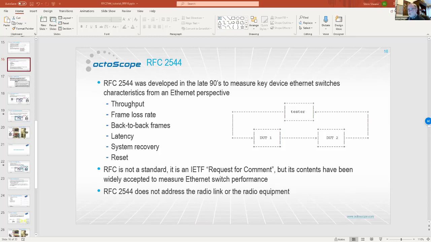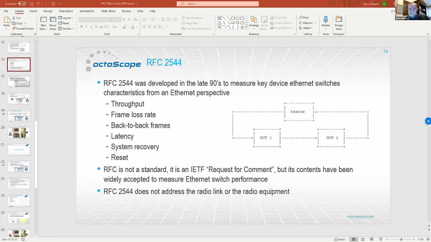But it's worth reminding, most of the internet is based on IETF RFCs. These are not actually standards. They are requests for comments, but they are extremely useful documents, and they're widely accepted in many different areas, including, of course, Ethernet switch performance.